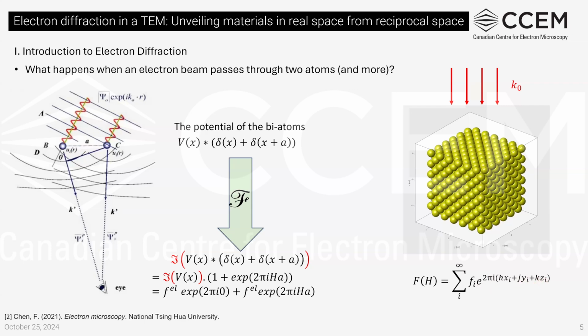So if at a certain position in reciprocal space, say hkl, and all the xi, yi, zi satisfy Bragg's law, we will get a diffraction spot at that hkl position in the reciprocal space.